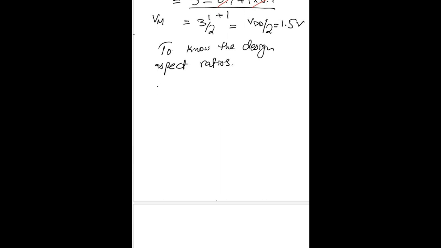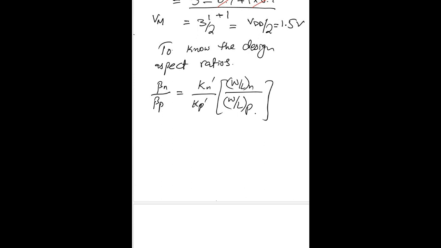What we have to do is solve this expression which we have seen earlier in this session, which is equal to Kn bar divided by Kp bar. This is equal to W by L of N divided by W by L of P. And we have seen in the previous expression that this is equal to 1.